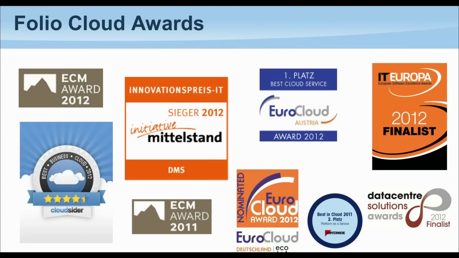Folio Cloud has received a couple of awards already. For instance, the Innovationspreis in Germany, which was handed over at the CeBIT this year in Hanover, and Folio Cloud is the best document management system for small and medium enterprises in Germany.